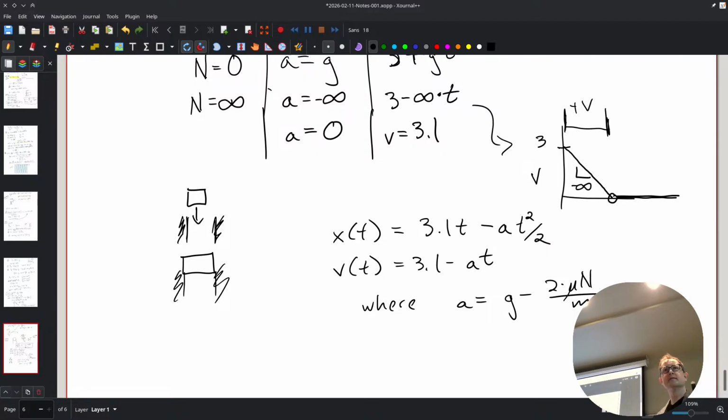Because if n is 0, then it just keeps accelerating at g. If n is positive infinity, then we have negative infinite acceleration. So at some point there's some crossover where we go from a positive downward acceleration to a negative, upward acceleration, actually slowing down. What is that cutoff? When does a equal 0?